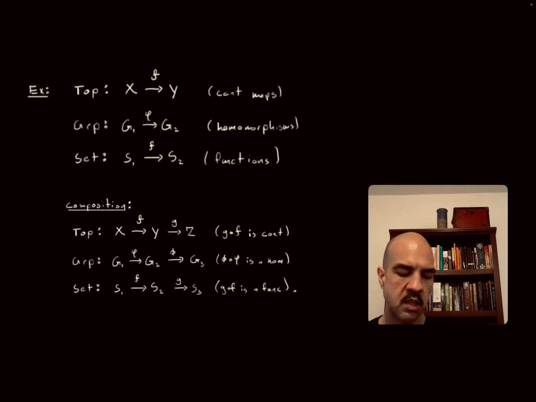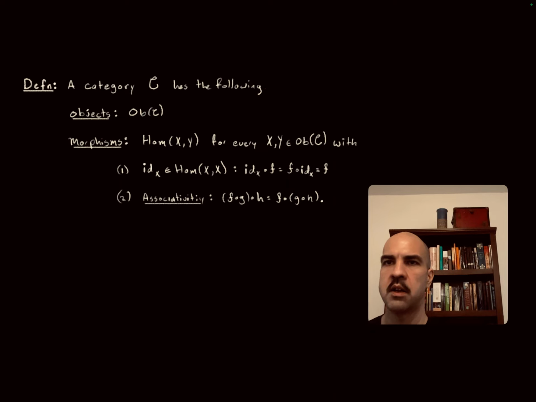So this is the motivation behind category theory. All we're looking at when we're studying math, there's this very common phenomenon where we're looking at sets of numbers together with maps that take one set of numbers to another, and there's always this compositional principle. So when we define a category, we have objects of the category.